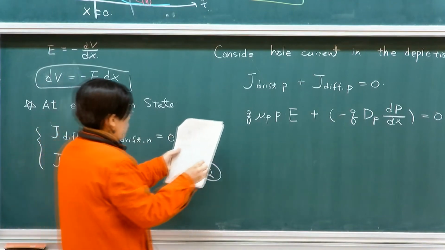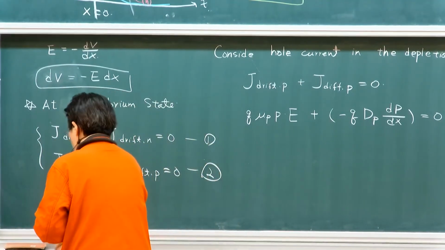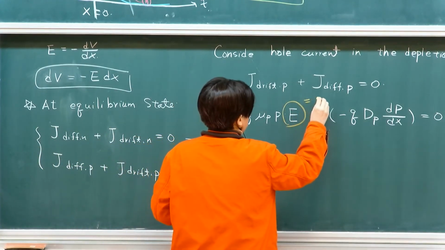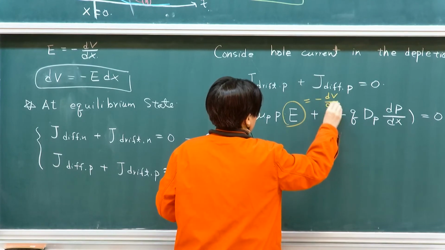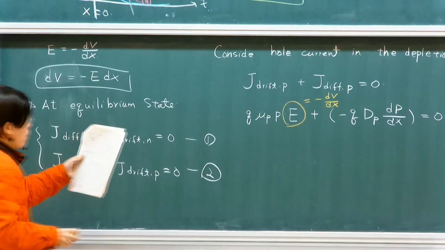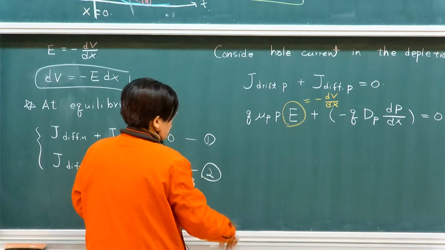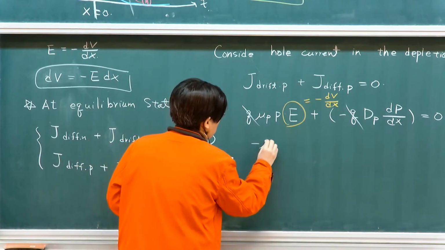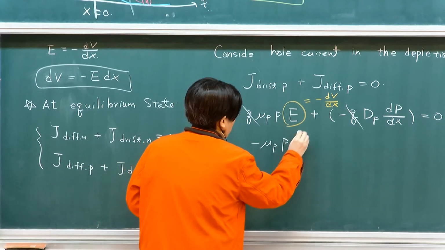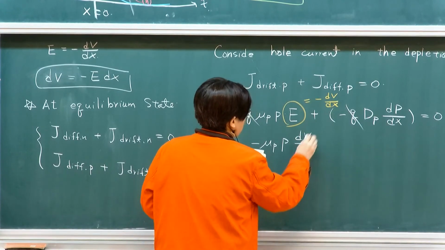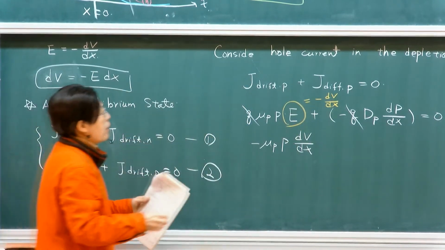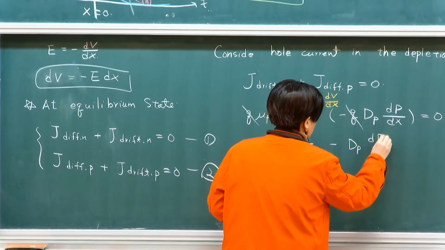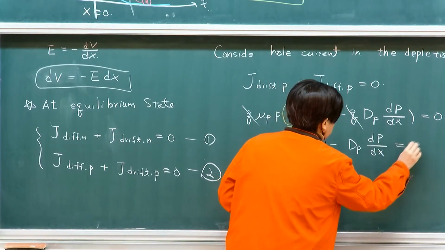What we're going to do is change this: the electric field equals minus dV/dx. And you get rid of the q's. So this would become minus mu p dV/dx, the minus sign coming from this minus sign, and there's another minus sign, minus D p dp/dx, equals 0.